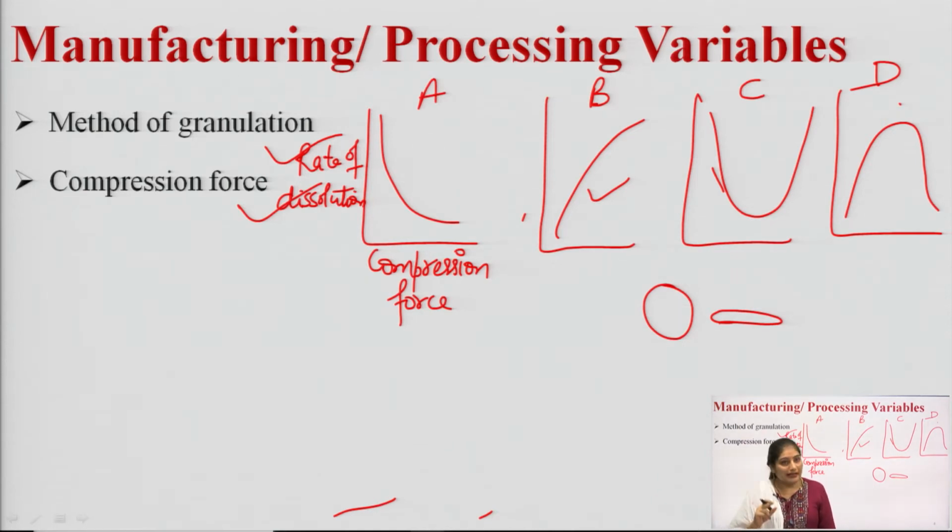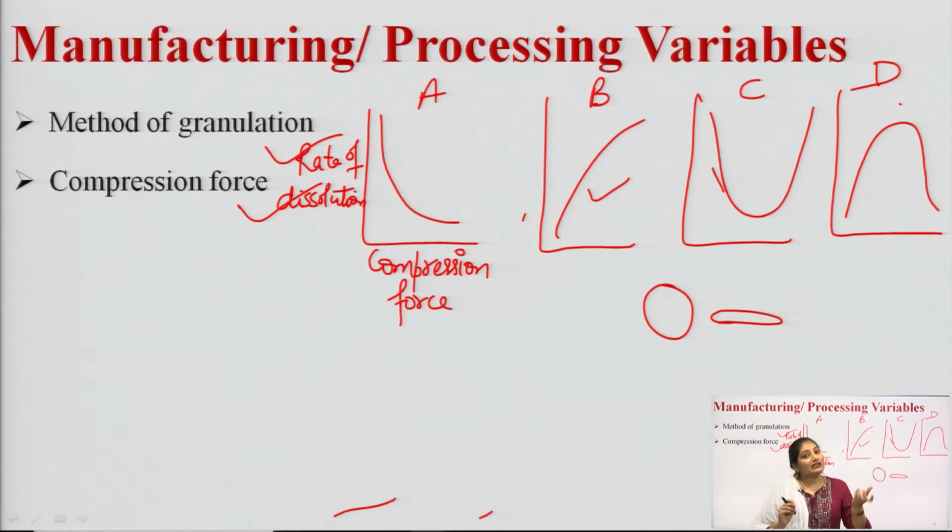When we talk about the capsule, the intensity of the filling into the capsule is most important. Okay. If the filling that is filled into the capsule shell is highly compact, if higher compression force is there, it can result in bursting of the capsule shell, and if the capsule shell bursts, the drug will be automatically released into the dissolution medium, meaning the dissolution will be faster.